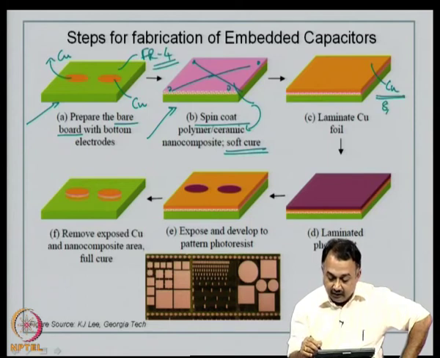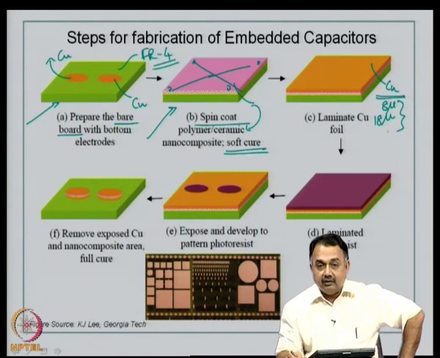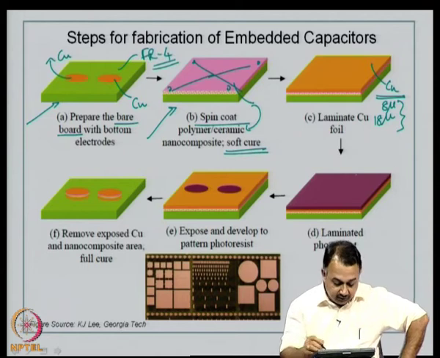It could be 8 microns or 18 microns depending upon your design requirement, and it also depends on the thickness that you have taken for the bottom plate of copper. Then it is now processed. Now, you have to realize a design like this that you see in picture F. So, for that you can go ahead with photolithography.